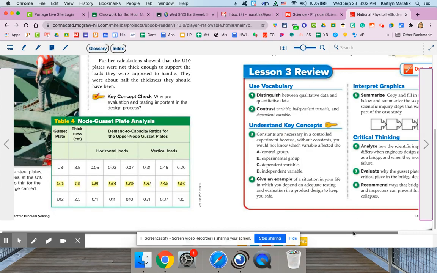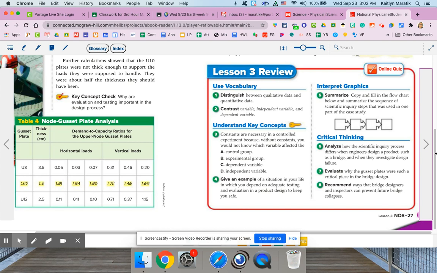So then the last one is to recommend ways that bridge designers and inspectors can prevent future bridge collapses. So number 8, how can future bridge collapses be stopped?